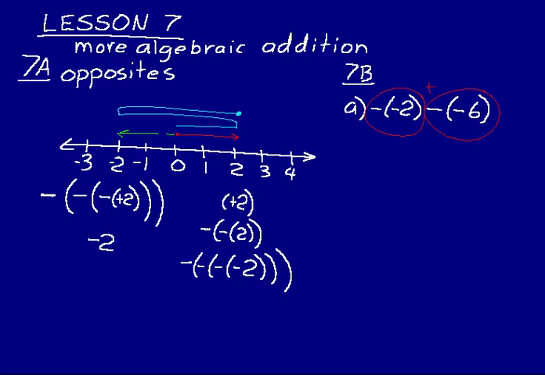Now, from what you learned in Part A, you can simplify negative times negative 2, or the opposite of negative 2. You have an even number of negatives, so you know that answer will just be 2. Plus 6, because you have negative times negative 6. And so that is equal to 8.